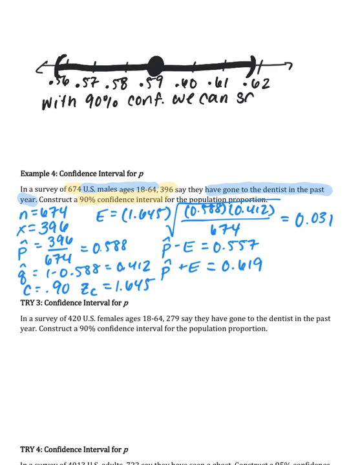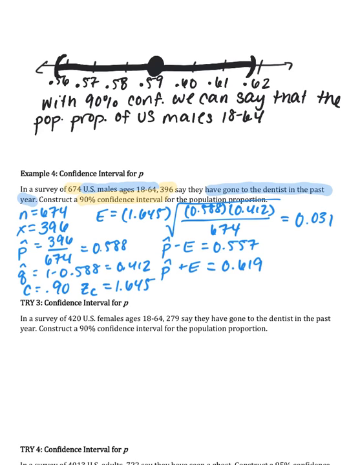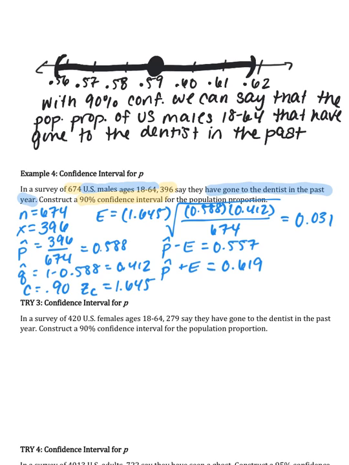We can say that the population proportion of U.S. males 18 to 64 that have gone to the dentist in the past year is between 55.7% and 61.9%. Okay?